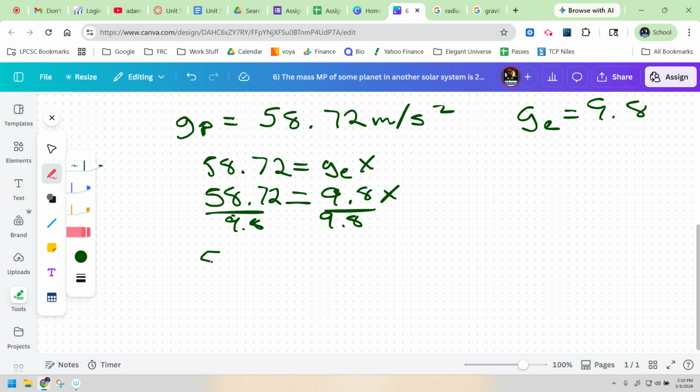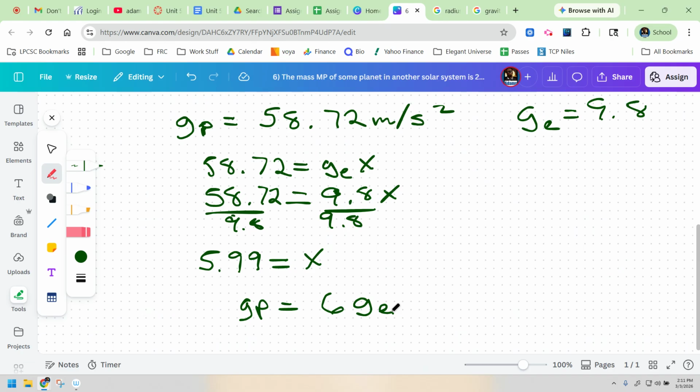So 5.99 is equal to X. In other words, GP is equal to about 6 times GE.